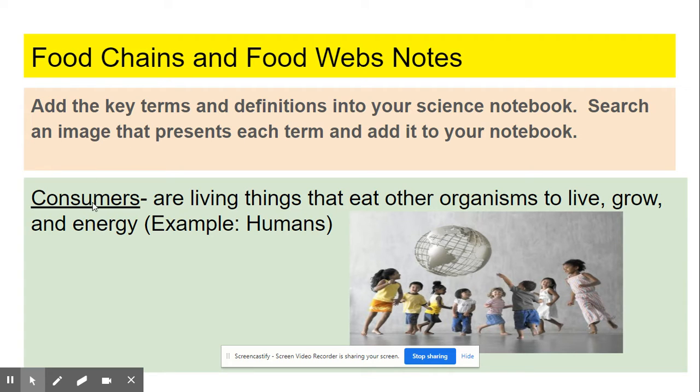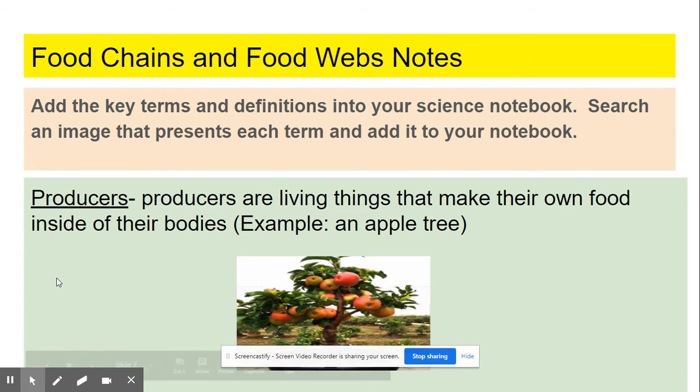So the first word you're going to learn about is the word consumers. Consumers are living things that eat other organisms to live, grow, and for energy. An example would be humans. Your next key term is producers. Producers are living things that make their own food inside of their bodies.